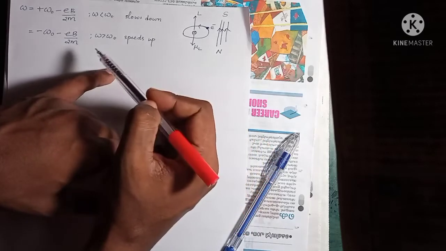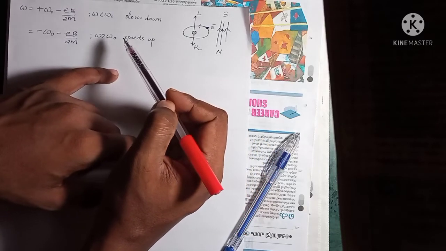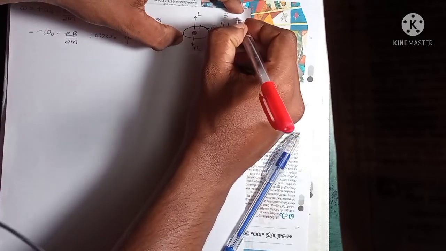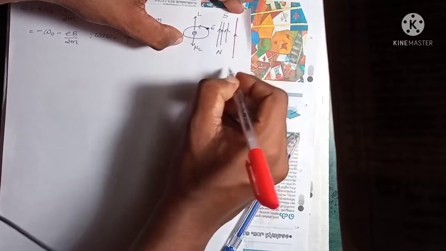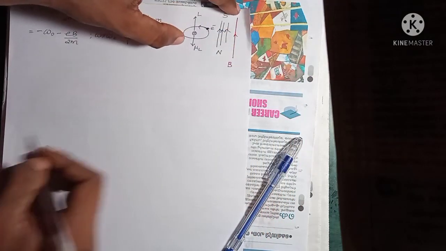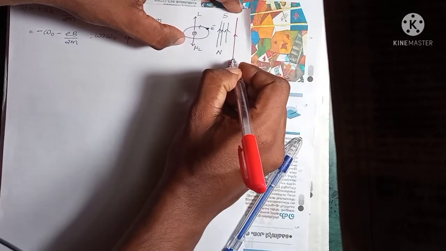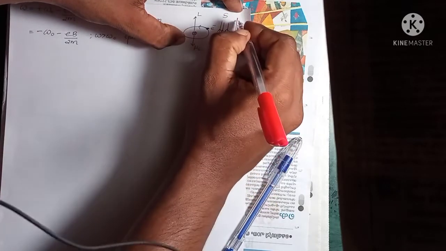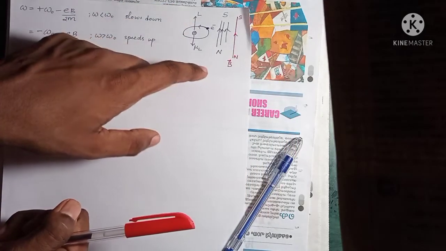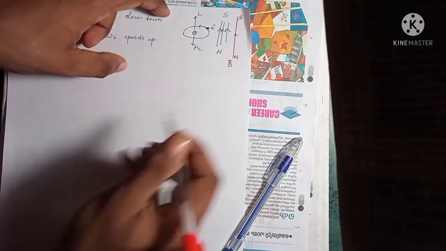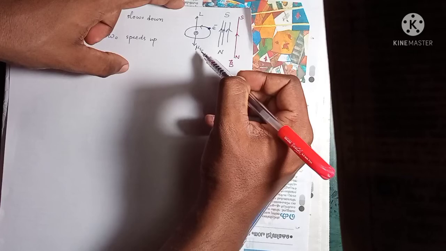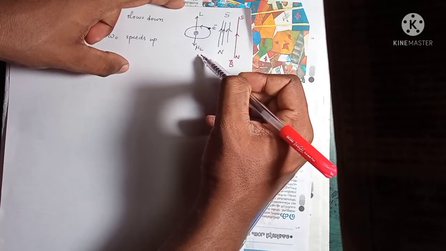Now we apply a magnetic field externally, and if the external magnetic field is in this direction, means the north pole of the external magnet is here and the south pole is here. So this is the external magnetic field. So this means the external magnetic field is applied in this direction, that is the direction opposite to the magnetic moment of the electron.